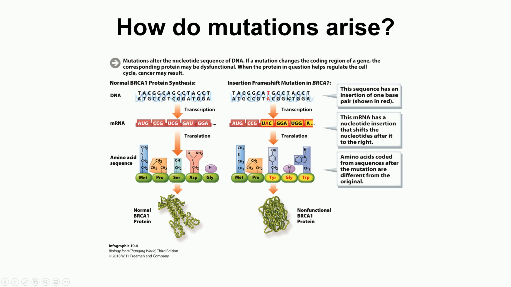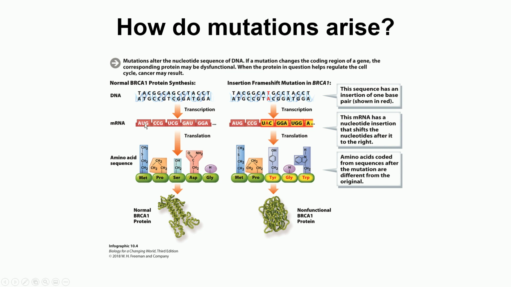Suppose one of the mutations which can take place in the BRCA1 gene is the insertion frame shift. So there is the insertion of a nucleotide with the nitrogenous base thymine. There is an insertion of this here, and as a result, there is an insertion of an A, adenine, in the mRNA.